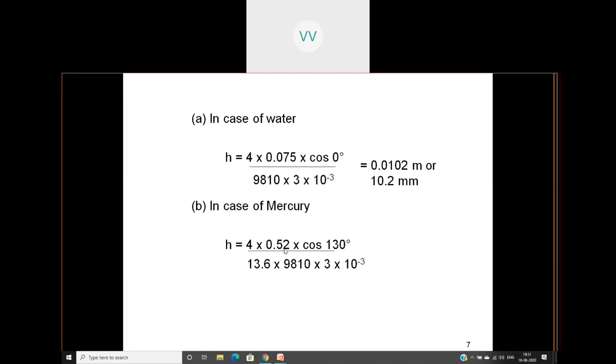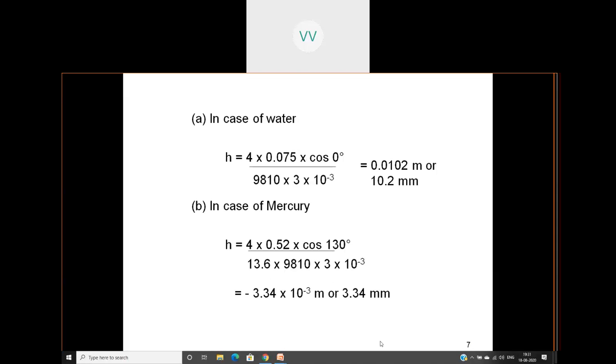So 4 sigma, the surface tension for mercury is given as 0.52 into cos of 130 degrees, and then into W into G, because the specific gravity of the mercury is 13.6 into 9.81 into the diameter is 3 into 10 to the power of minus 3.